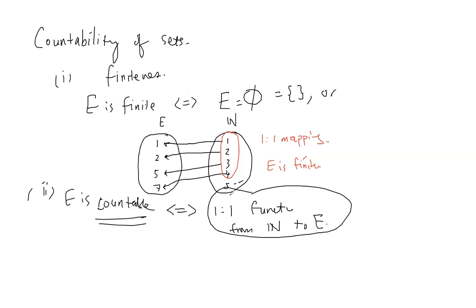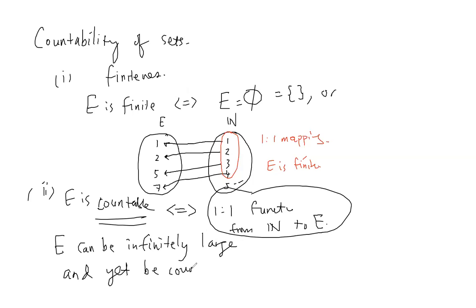As long as you can find some one-to-one function from the set of natural numbers to E, then we say that the set is countable. Your E can actually be infinite. It can be infinitely large, and yet be countable.